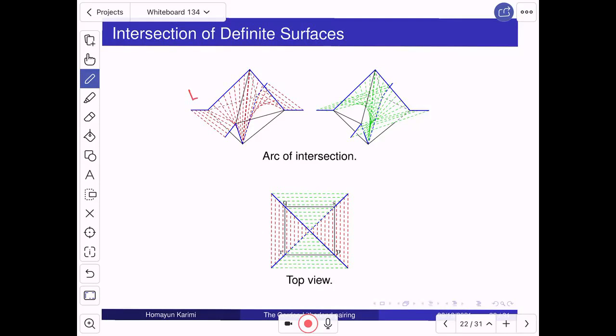I put them in two separate pictures, but if you look at them in one picture, namely here, you can see that they have one arc of intersection. So two spanning surfaces for the link L have a finite number of arcs of intersection.